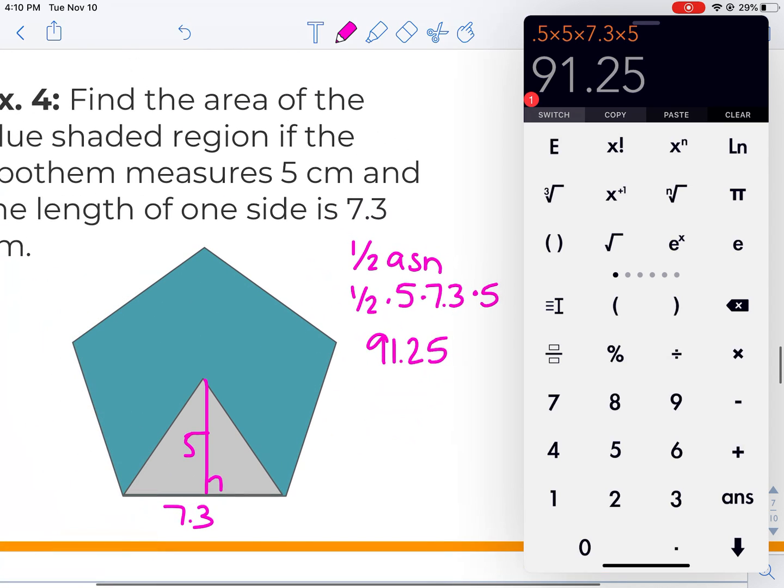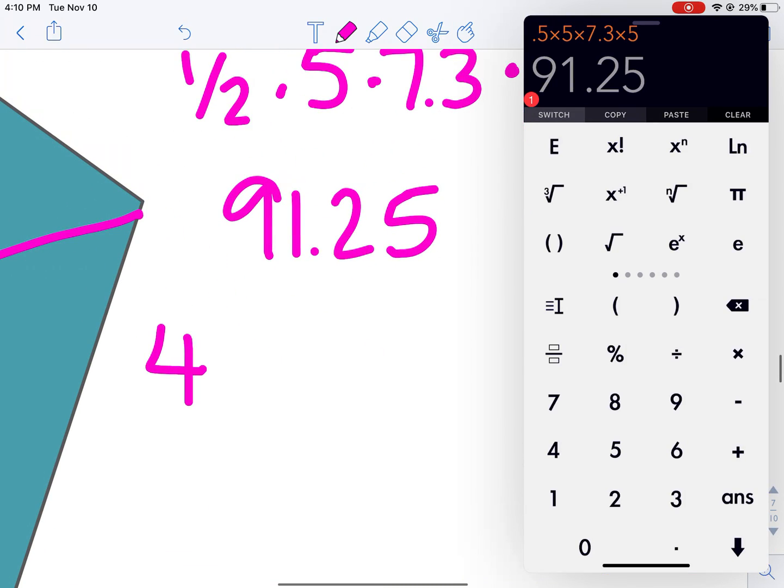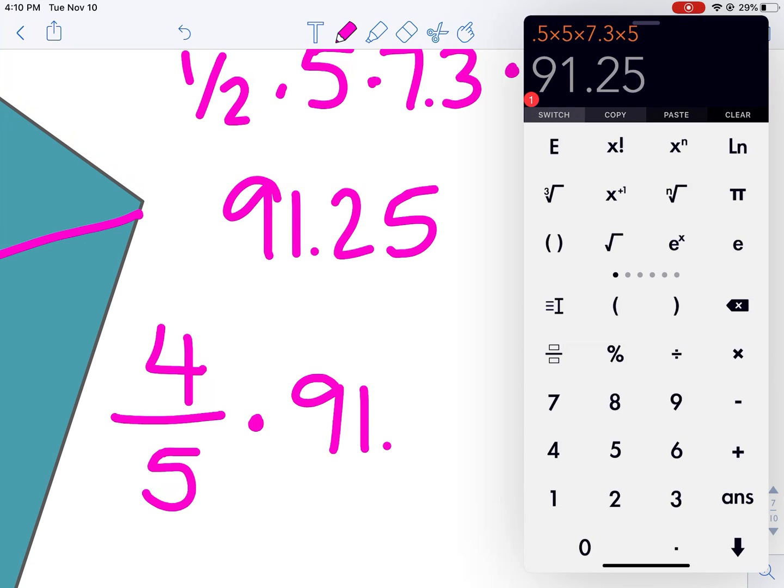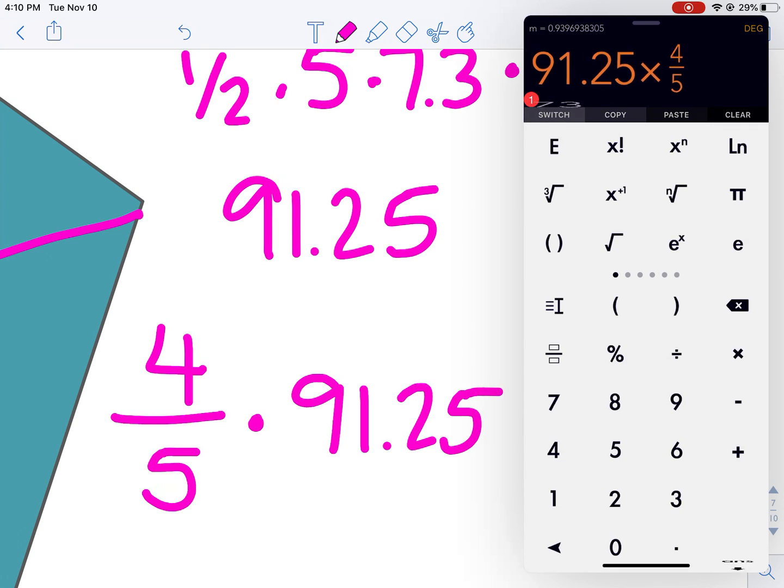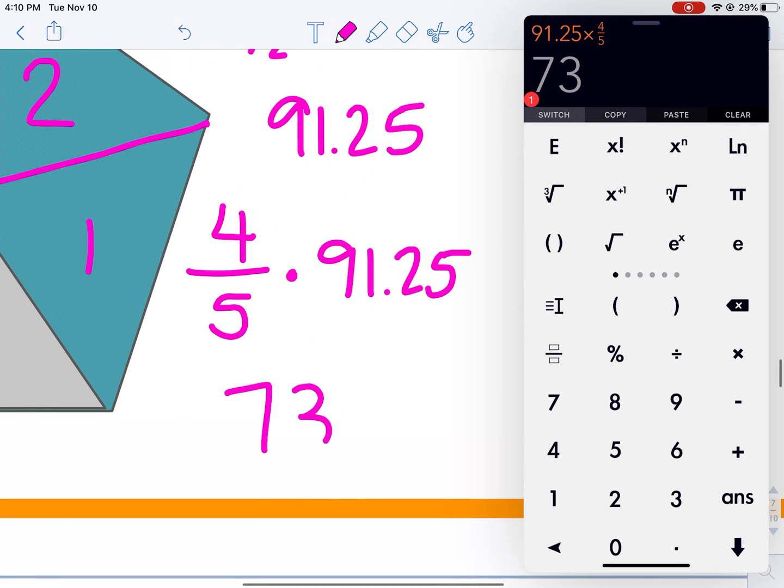That's the entire area though, and I'm only keeping the blue part. If I split this up into triangles, I have 1, 2, 3, 4 triangles that I'm keeping out of 5 parts total, times my total area will give me the area of just the blue. So I get 73.